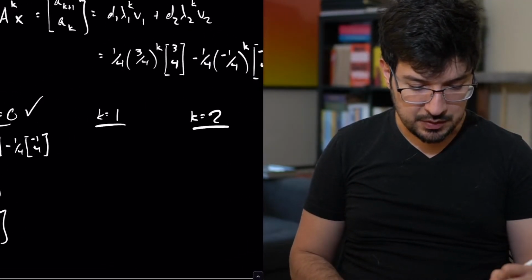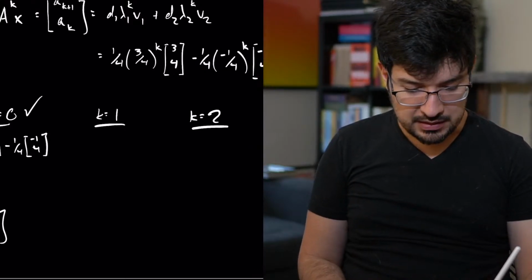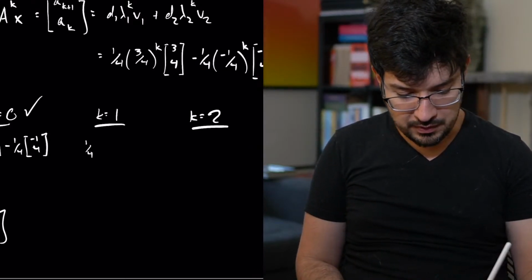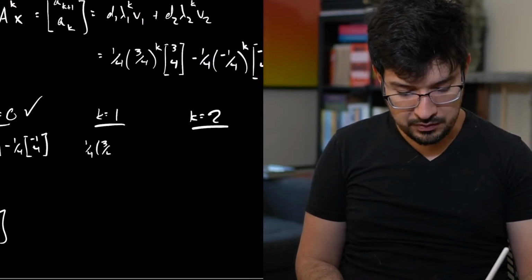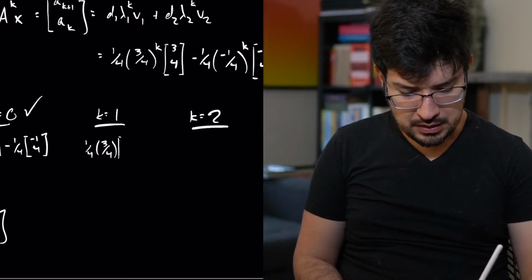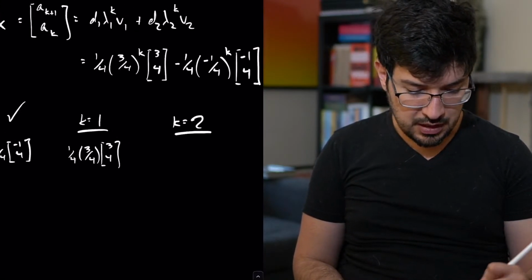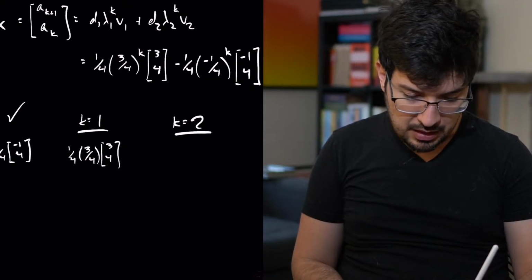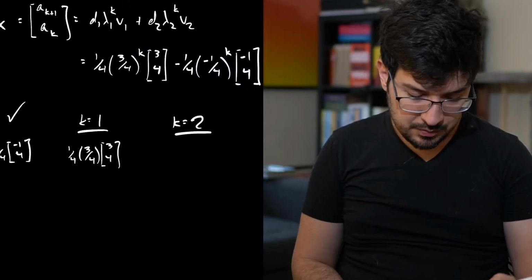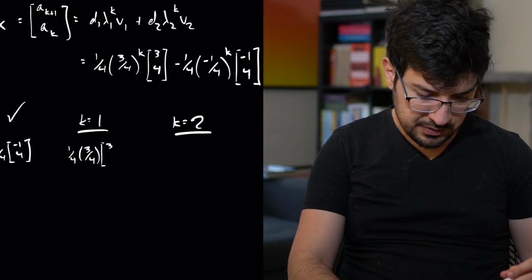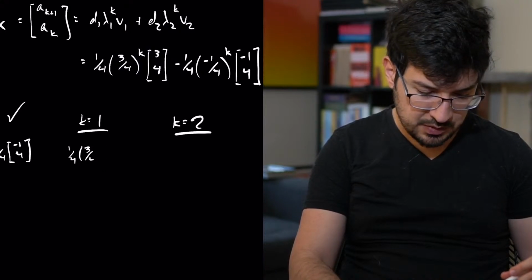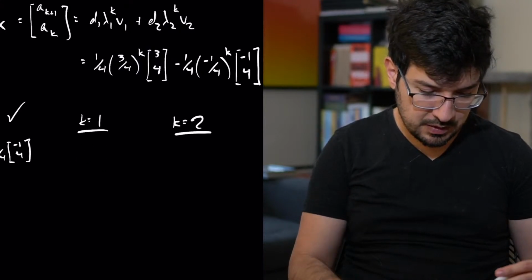When k is equal to 1, the right-hand side is 1/4 times 3/4 times the eigenvector 3, 4. Let's give ourselves some more space, and let's try to do some of this in our heads. Let's skip ahead.